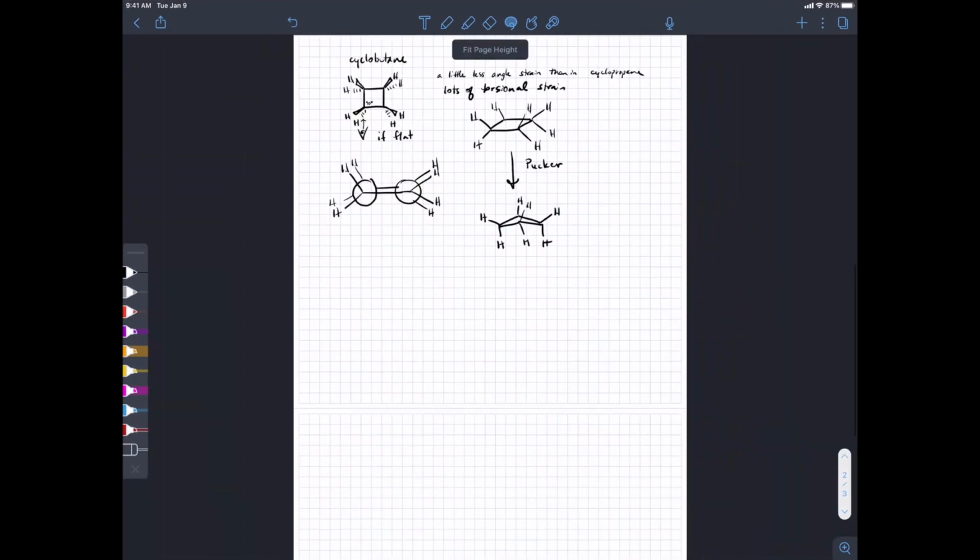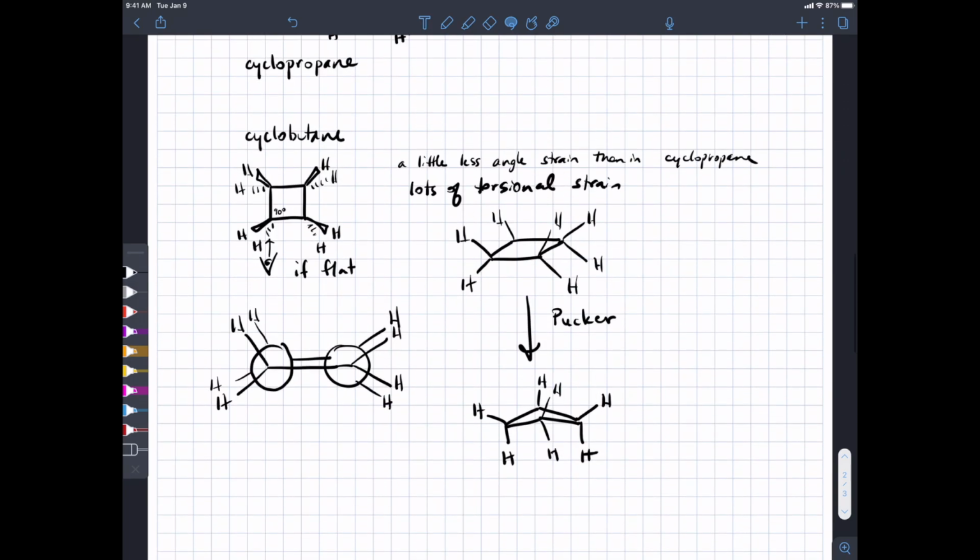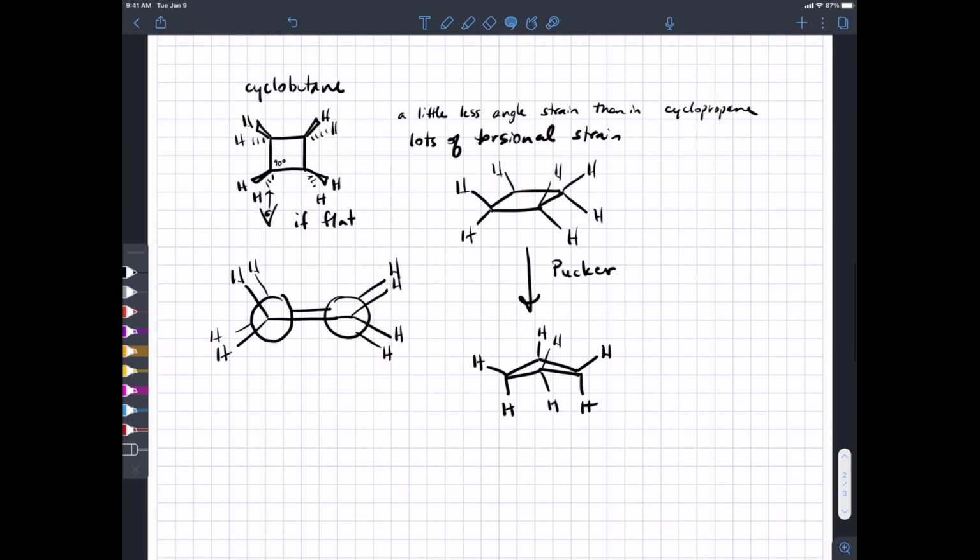So the same is true, perhaps even more true. So overall, the puckered conformation has less angle and torsional strain than the flat conformation. So in general, remember that rings composed of sp3 carbons are generally not flat.